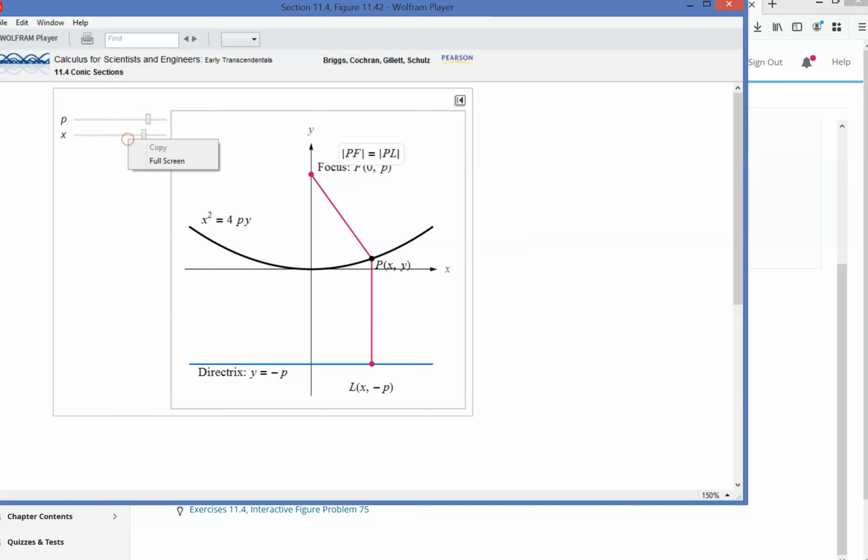Now let's look at what happens if we move the point where we are on the parabola and see how those two red sticks stay exactly the same length as each other, no matter where I am on the parabola. So this is the geometric definition of a parabola. From focus to point on the parabola, that length is equal to point on the parabola to the directrix line. That's going to be true for every parabola.